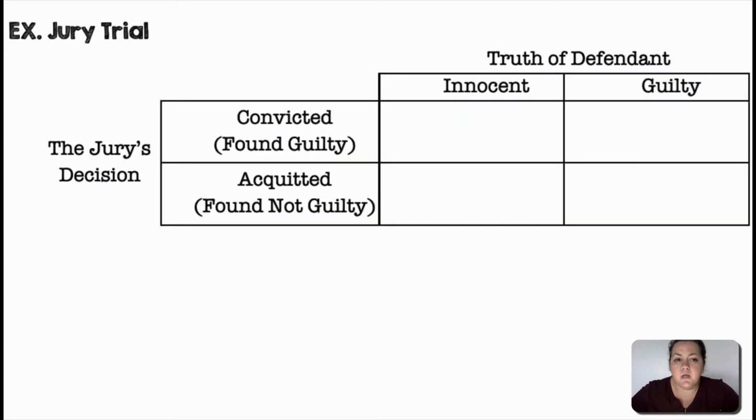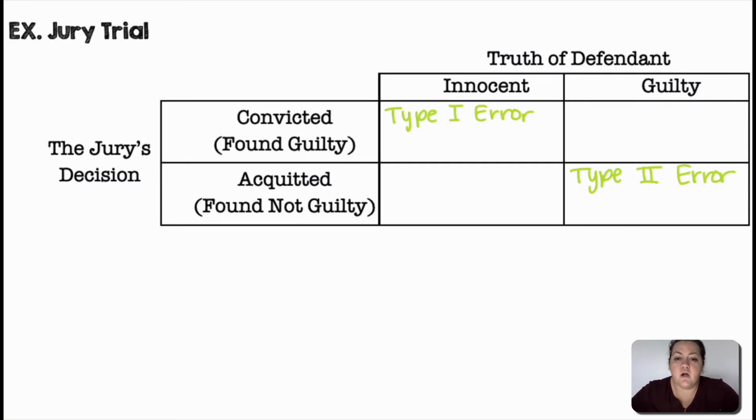All right. So sometimes it helps if you think about this in terms of a jury trial. All right, so somebody can either be found guilty, they're convicted, or acquitted, not found guilty. And then really the truth is either if they're innocent or guilty. All right, so sometimes we don't actually know if they really were innocent or if they really were guilty. Sometimes we just don't have enough evidence, right?